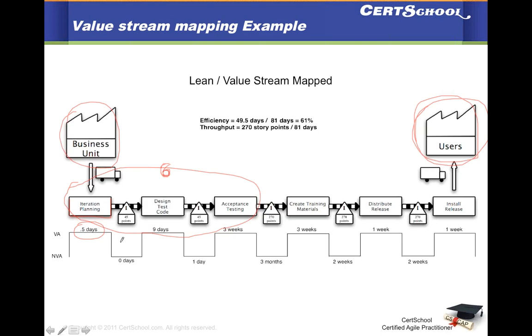From that iteration planning, you decide that you're going to commit for 45 story points. Okay, so you're talking in terms of story points, not functional points as you are doing in the traditional flow.